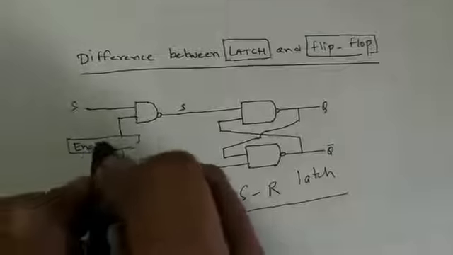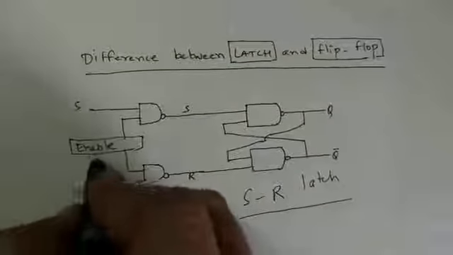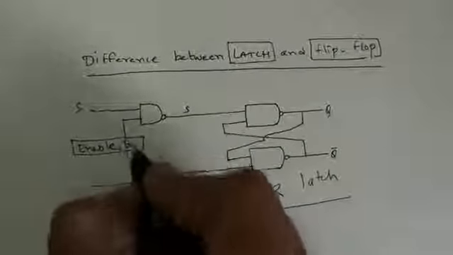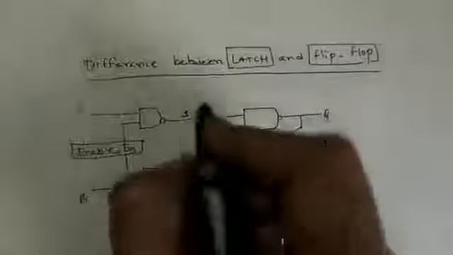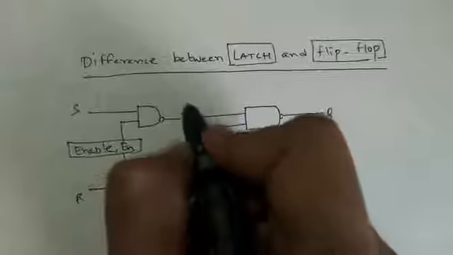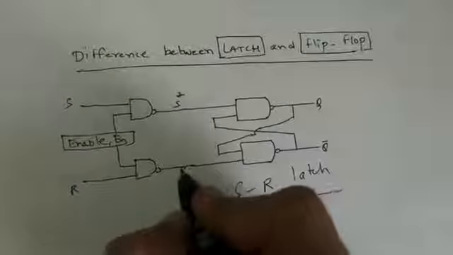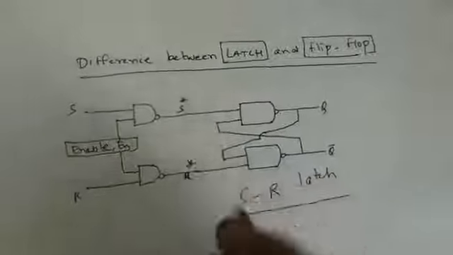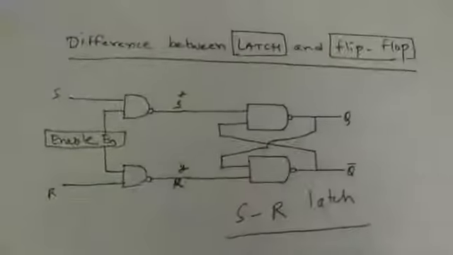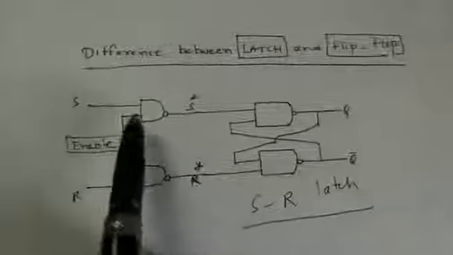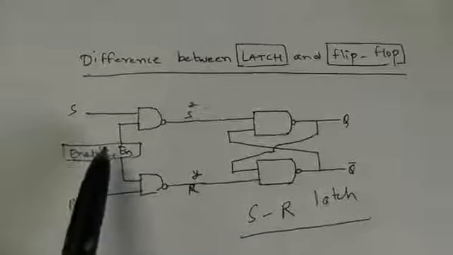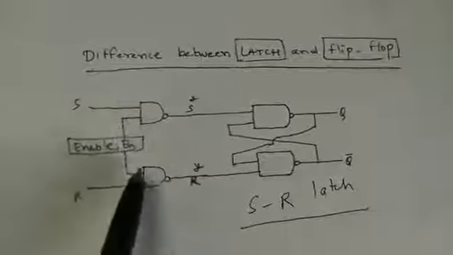Right now I am calling it the enable input, that is EN. Now since this is S and this is R, let us make this S star and this R star. We have attached this additional circuit in which we have the enable input.